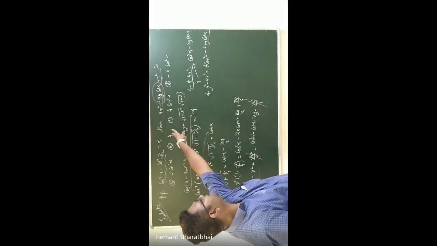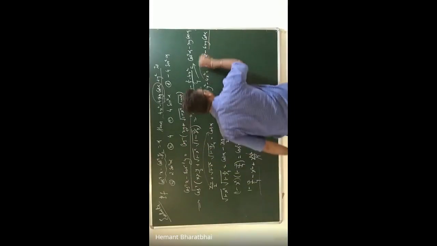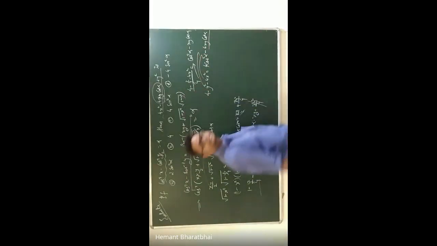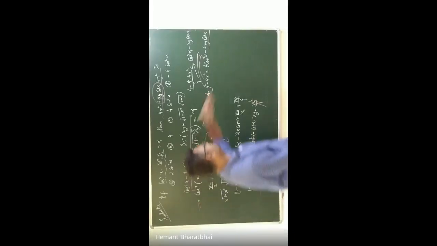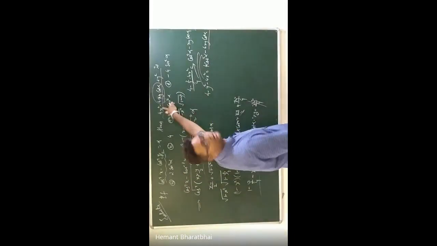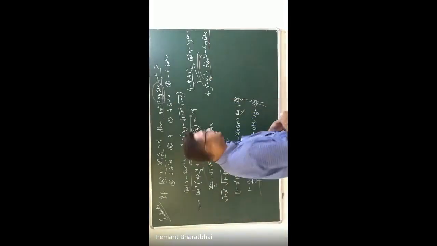Next, what I need is plus 4x square and plus y square. So I'll take this over there and I'll take this over there, so both plus signs go over there. I don't require this term because it is not there over here, so I'll take it over here. Let's see what happens.